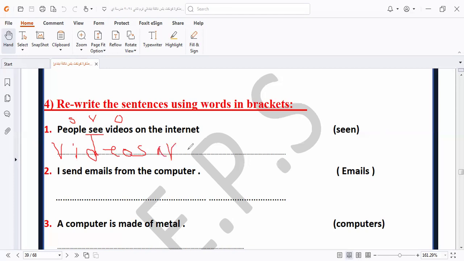Videos are seen by people on the internet.